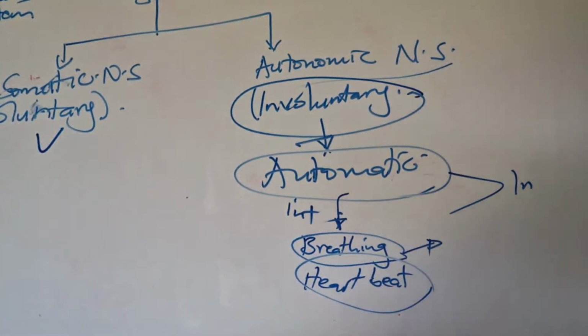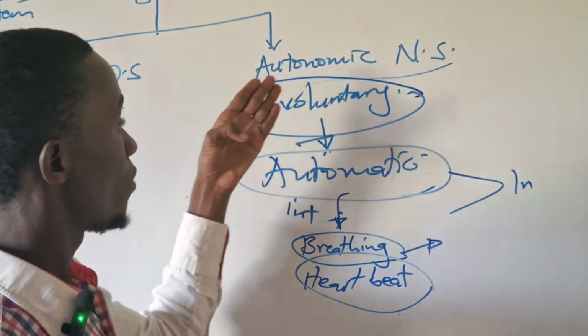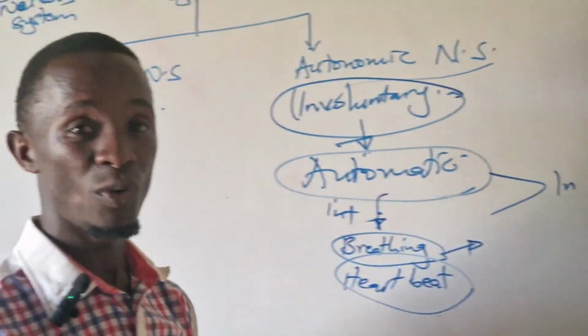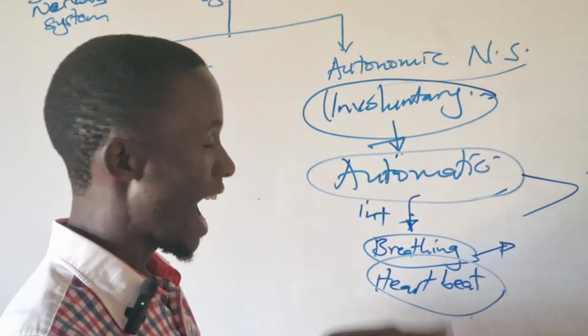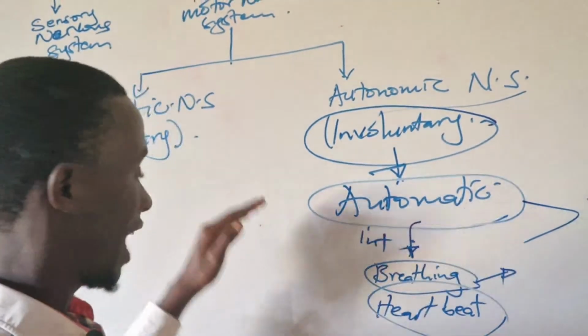You don't have control over the rate at which the heart beats. No. It is automatic. It is coordinated by the autonomic nervous system. It occurs without your will, though the brain can regulate or control these actions.